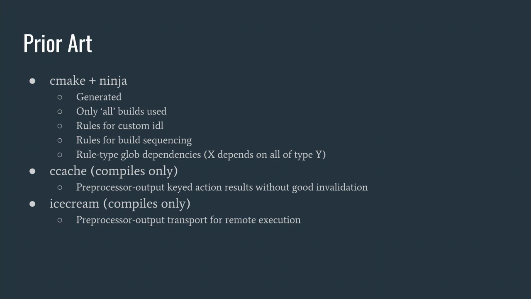We implemented several distinct rules for a custom IDL. We had rules for build sequencing, which means that we were putting together rules that staged our build in different phases, and nothing was able to cross in between those two different phases. We also had a whole bunch of rule type glob dependencies, and if that doesn't mean anything to you, think: I need to generate every single proto definition across my entire build tree, and I now want to make a rule that can depend on that having occurred.